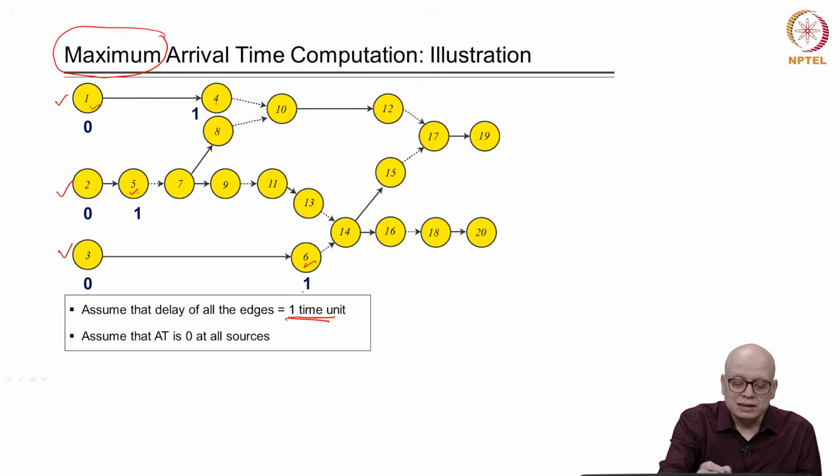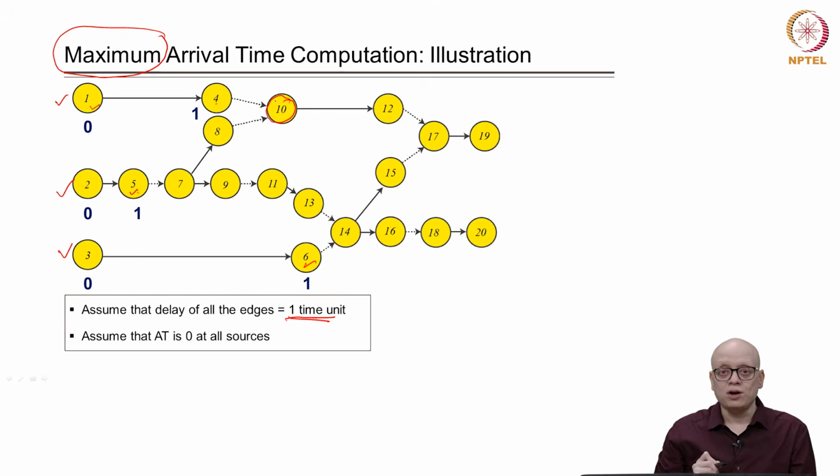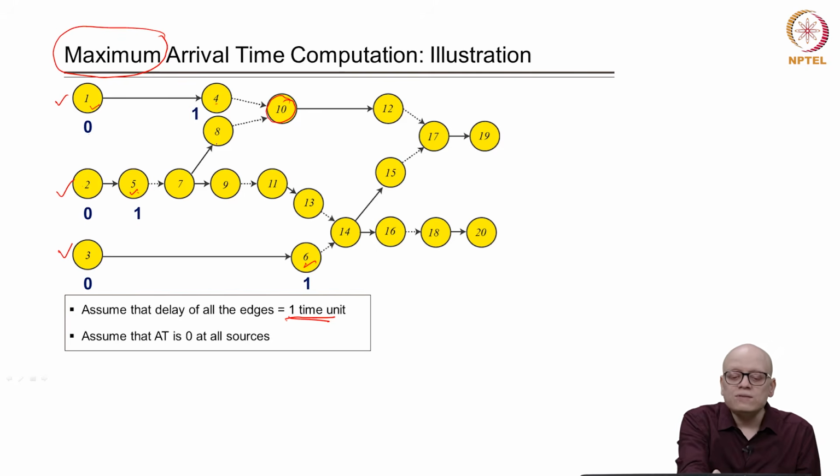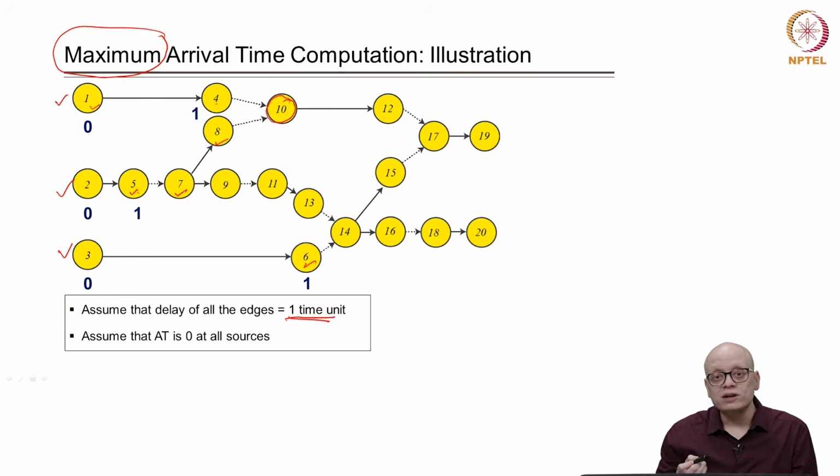Now, let us look at the vertices in close proximity to these vertices. For vertex 10, can we compute the arrival time now? We cannot, because we do not know the arrival time at vertex 8, so we have to wait. Now, let us consider vertex 7. Can we compute the arrival time for vertex 7?